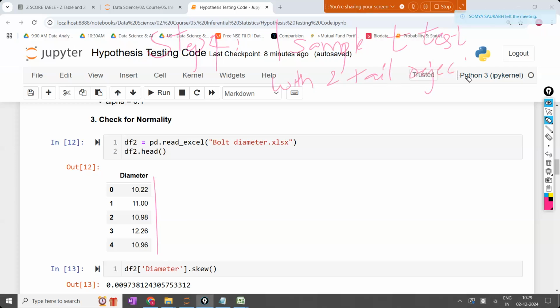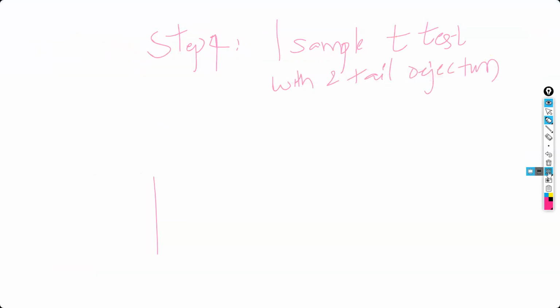What is the diagram? Once we have selected the test, immediately we draw the diagram. The diagram is a two tail rejection. How much do I take on the left side and on the right side? 0.05 on the left side, 0.05 on the right side. The balance, 0.9, is acceptance. This is 1 minus alpha, which is 0.9.